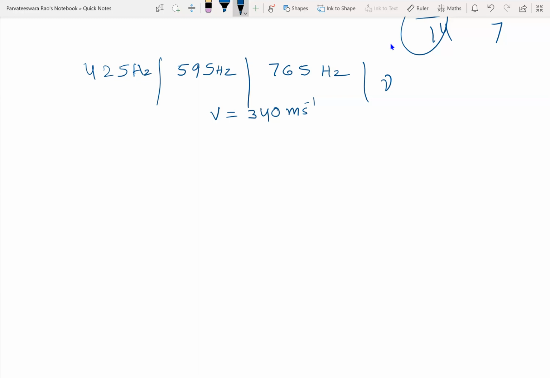Second, what is the corresponding fundamental frequency? And also the length of the organ pipe.